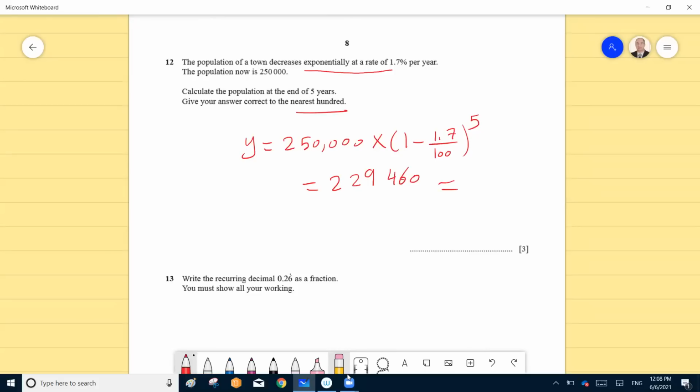When you round to the nearest 100 it will be 229,500. 460 is about 500, and this is the population.